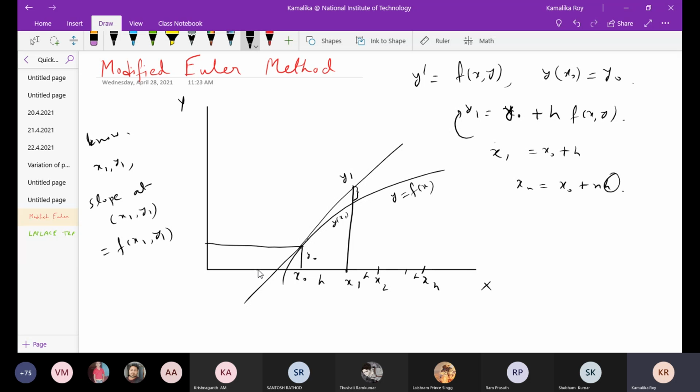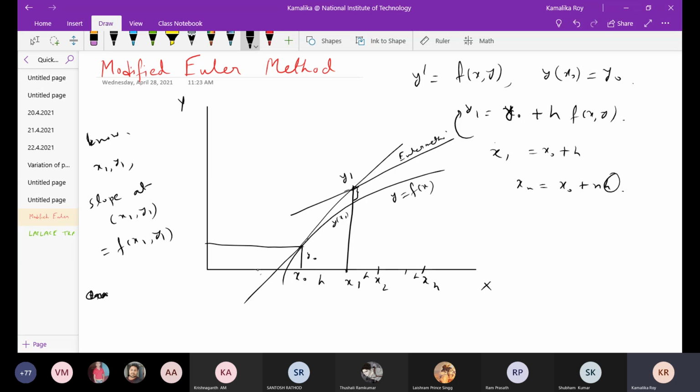Now we will draw another line that passes through x0, y0 with the slope f(x1, y1). Suppose you are drawing a tangent here; this would go on like this, and that will be the Euler method.